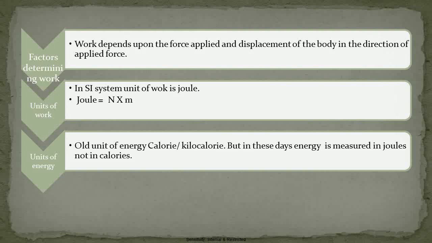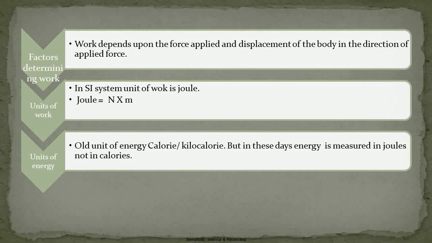So now what is the unit of energy? The old unit of energy is calorie, or kilocalorie also. But these days, energy is measured in joules, not in calories. Thus, a conversion was needed as calorie is an outdated unit.